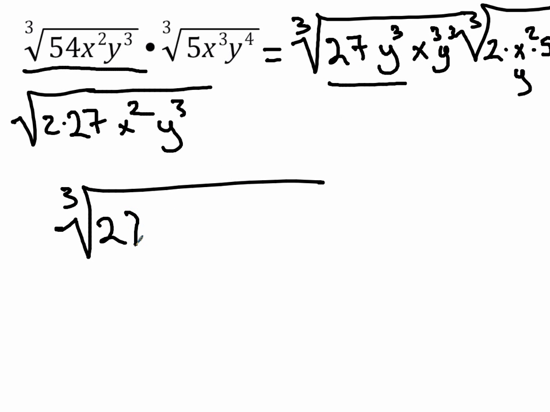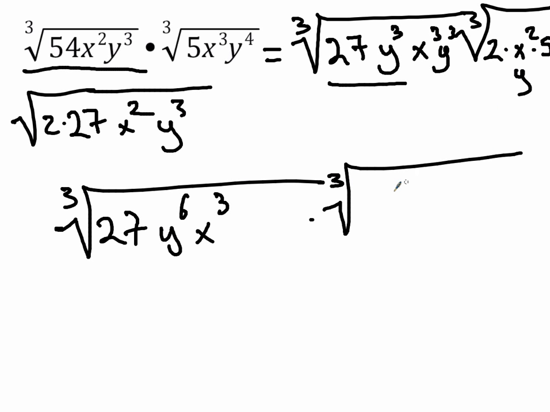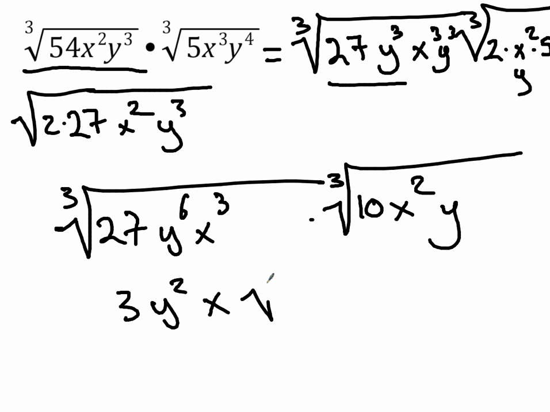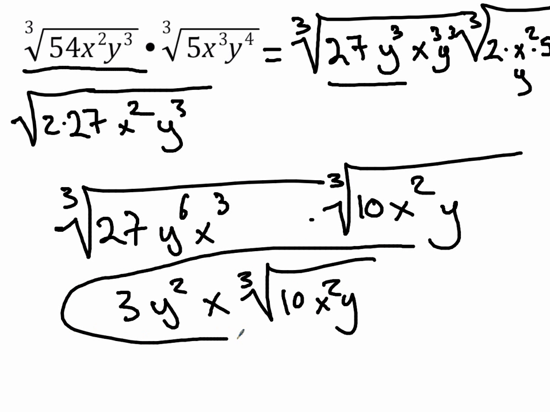So I put 27, I have y cubed and y cubed, so that's y to the 6th, and then I have x cubed, and then over here I have 2 times 5, which is 10, x squared y, and then I can take the perfect cubes and rewrite the expression that was on the right. So whichever of those two methods you find easier, those are two ways to solve this problem.